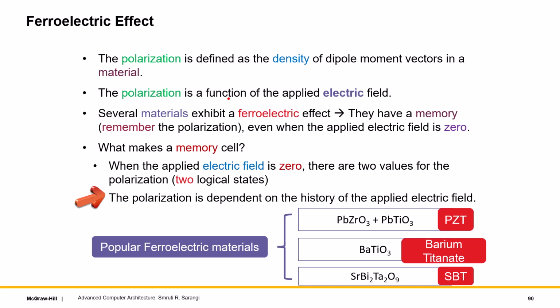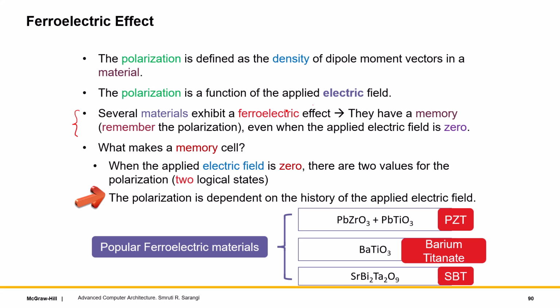Clearly, this is a function of the externally applied electric field, in the sense that whenever I apply an electric field, the negatively charged ions or electrons would move towards the positive terminal and vice versa. So the polarization would align itself to the electric field. Now this is simple physics, but here is the fun part: there are some materials that exhibit something called the ferroelectric effect.